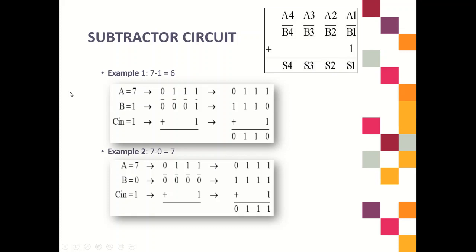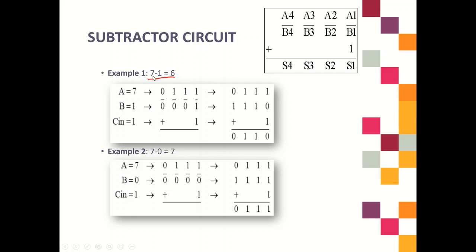So example 1, 7 minus 1, the expected result will be positive 6. Based on this example, you need to represent each value by 4 bits. Why do we need to use 4 bits? Same as the previous lecture, you need to determine the range, how many bits you can use to perform the subtraction.